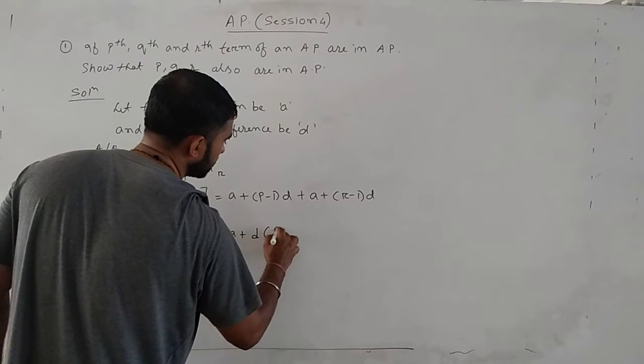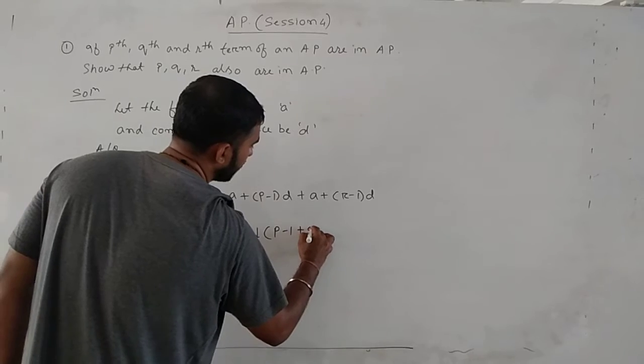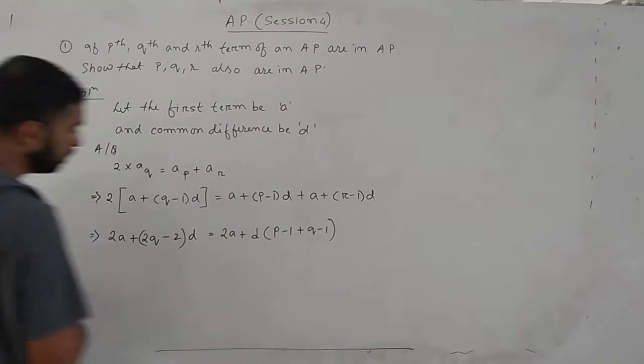So the remaining terms are P minus 1 plus R minus 1.